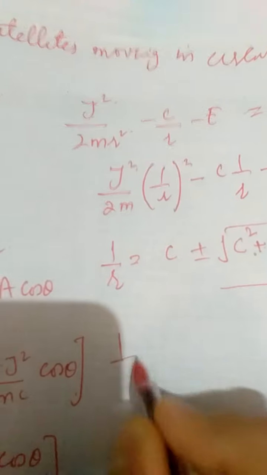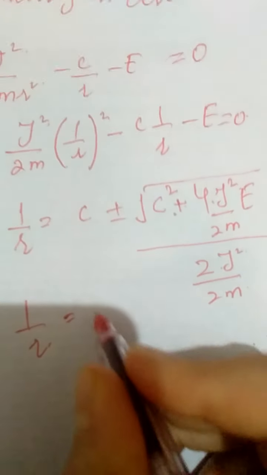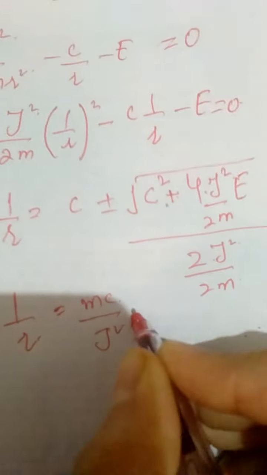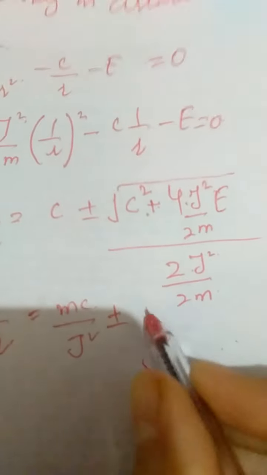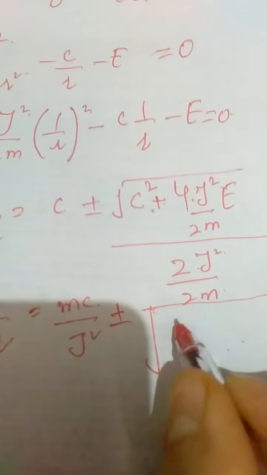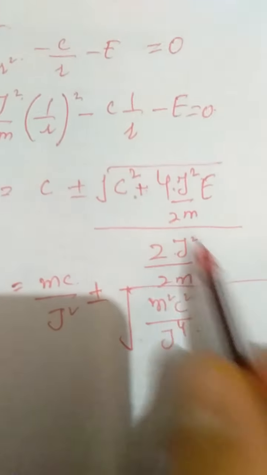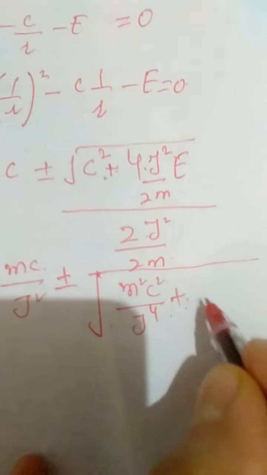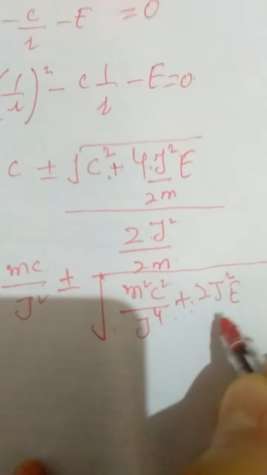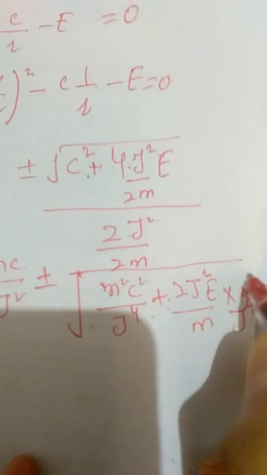So 1 by r is how much? So this 2 and 2 will go, you can take it here. So it will be mc by j square plus minus, then you can multiply this parameter j square by m inside, and you get m square c square by j4, because once you take this factor inside the root, it will get squared, right? You understand those things. Plus, again it will be 2j square e by m multiplied by this thing, that is m square by j4, right?